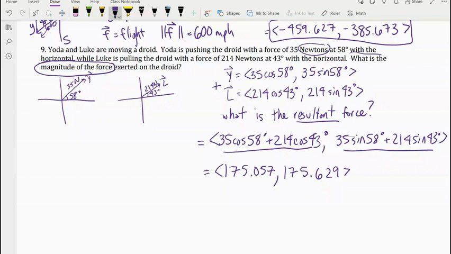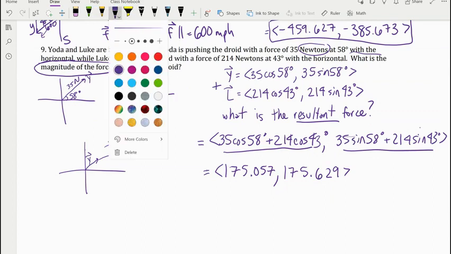Does this seem reasonable? It does seem reasonable. The reason I think this is reasonable is if you think about vector addition graphically. I've got 35 at an angle of 58, and then I've got 214, which is a lot longer, but at only 43 degrees. So I've got Yoda's force here and Luke's force here.